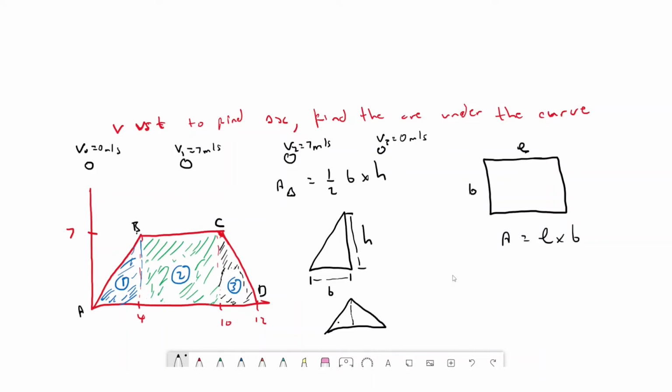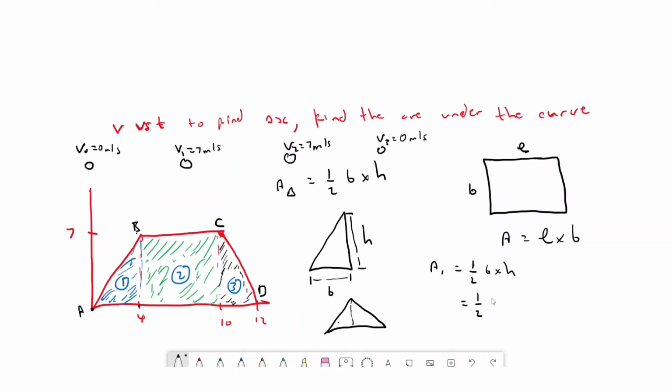All right, now if we continue with this, let us just find the area for section 1. If you find the area for section 1, it is going to be equal to half base times height. So what is the base for that? The base for that is from here to here, which is 4 minus 0.